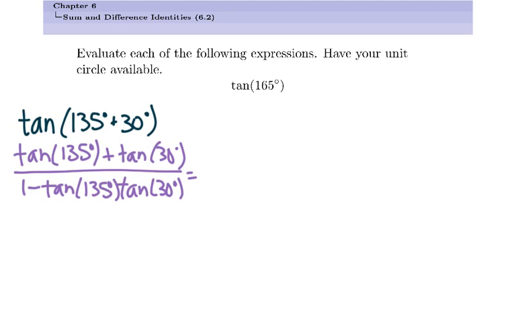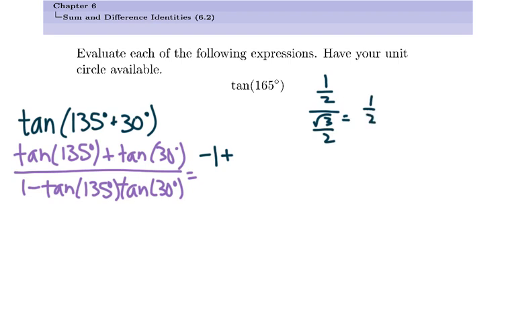So what is tangent of 135? Well, 135, you take your y value divided by your x value. So some number divided by itself is just 1, positive divided by negative is a negative. So you're going to get negative 1 plus tangent of 30 degrees. If you look at your 30-degree angle, you're going to get y over x.